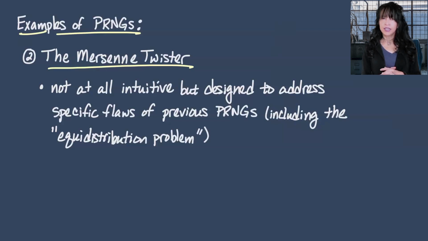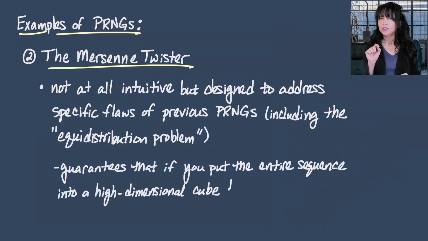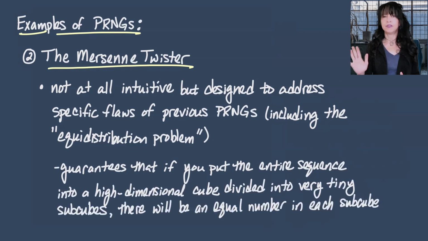In particular, it really went after that equidistribution problem. So if you run the Mersenne twister out until the end of its period, if you generate those 2 to the 19,937 minus 1 numbers, and you take a cube in a really, really high dimension, not a 3-dimensional cube, and you split that cube into very, very tiny equal subcubes, and you plot all the numbers in your cube, you are guaranteed to fill each subcube with an equal number of points if you run out the random number generator to the very end of its period.